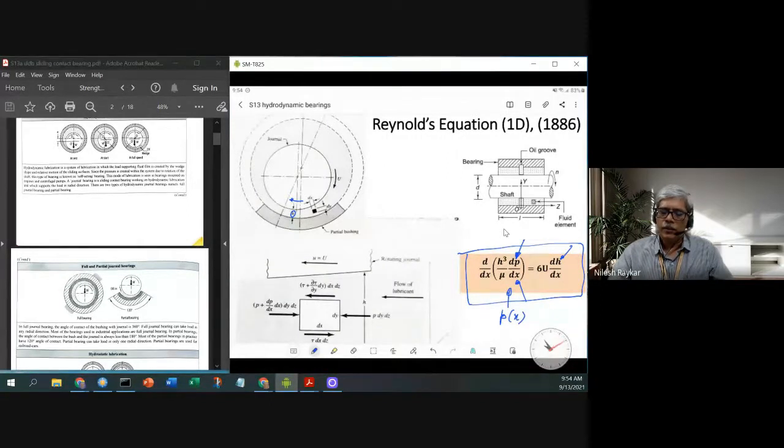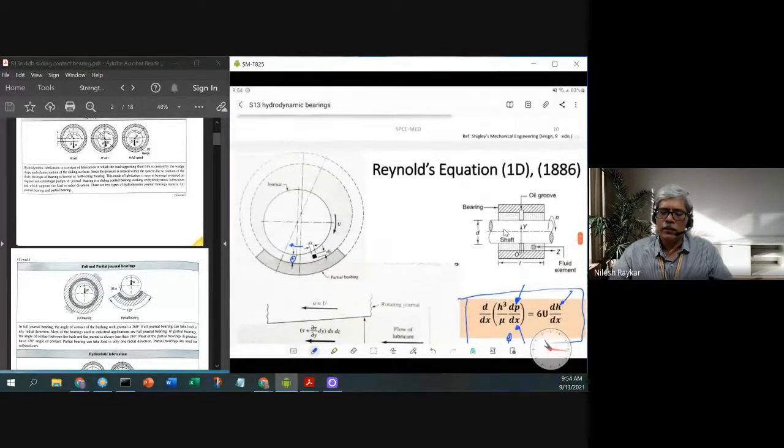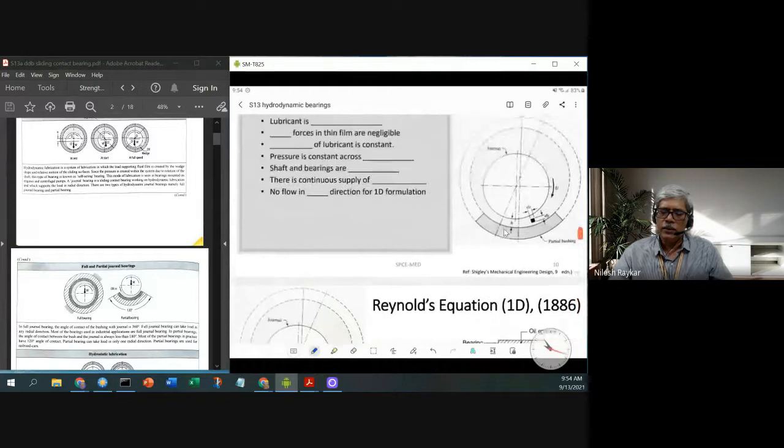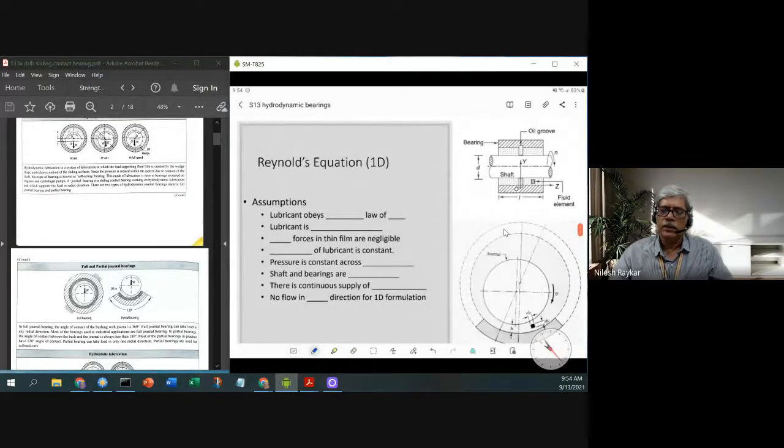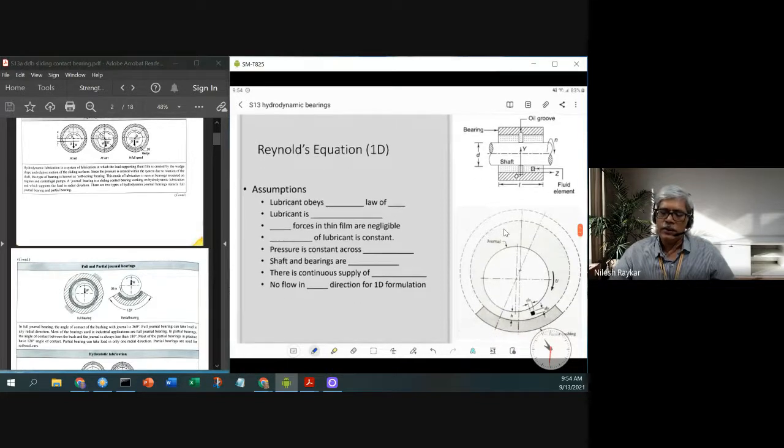Now, before we go into the details of how this derivation is done, or some outline as to how this derivation is to be done, let's look at some of the assumptions which this Reynolds equation is based on. The equation that we are talking about is based on some assumptions, which we'll discuss now.